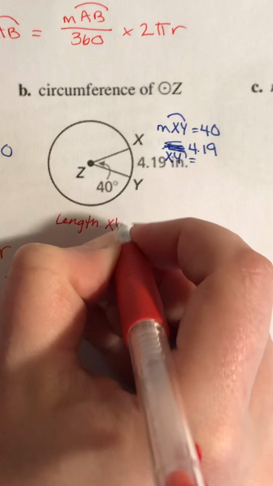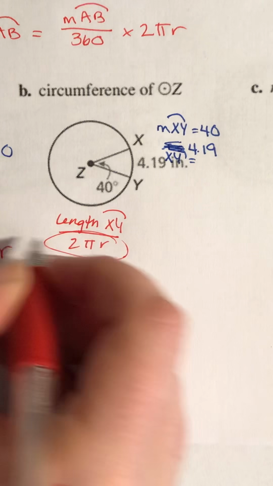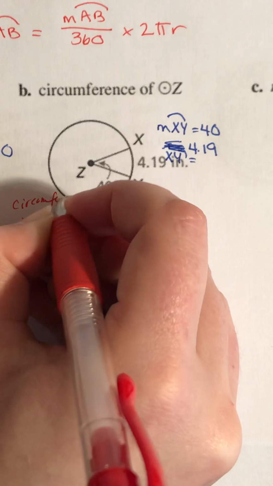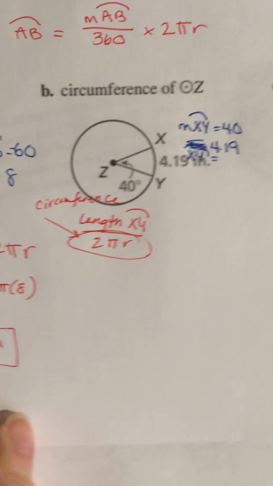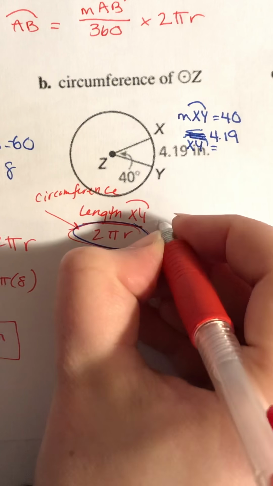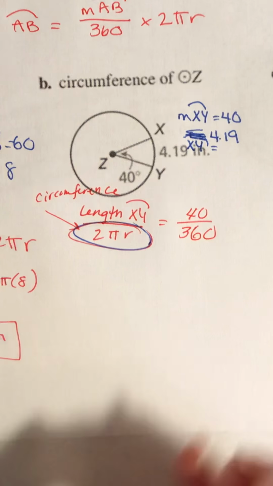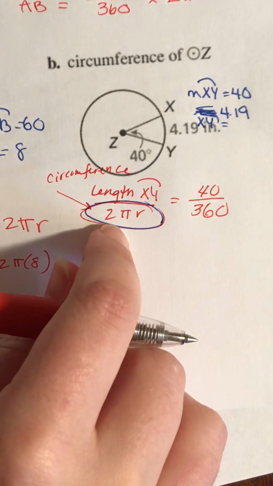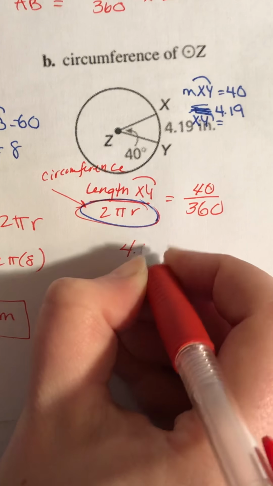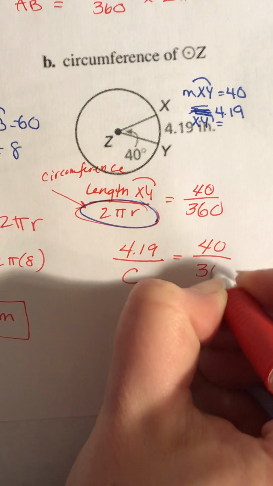So remember, it's the length of XY over 2 pi r, which is the circumference, equals 40 over 360. So 4.19 over the circumference is 40 over 360.